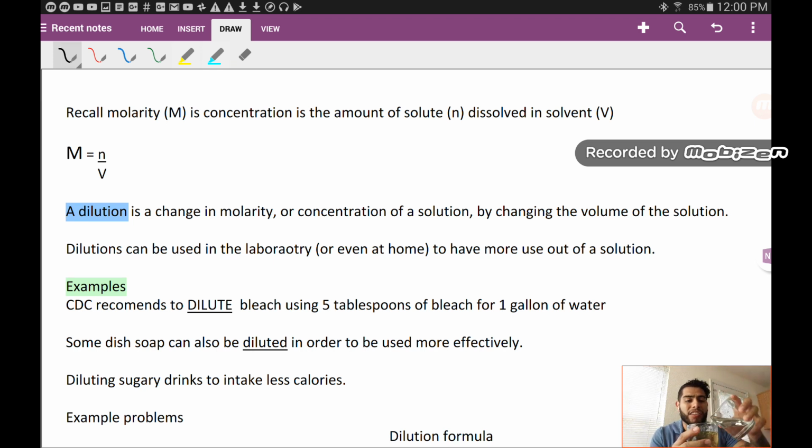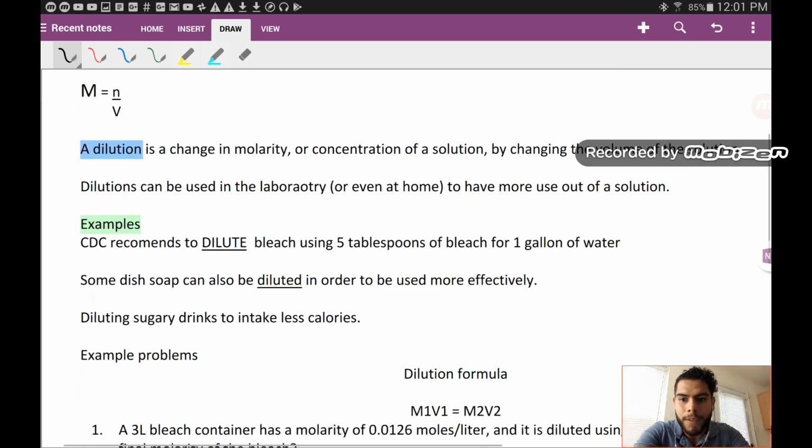Obviously, it's not going to taste as sugary, which I like, and I still have some apple juice. I'm taking in half of the calories, or I just don't drink juice at all, which is kind of what I do. But those are examples of dilutions. A dilution, once again, is you're changing the concentration. This is going to taste less like sugar, still apple juice. It just has more water added to it.